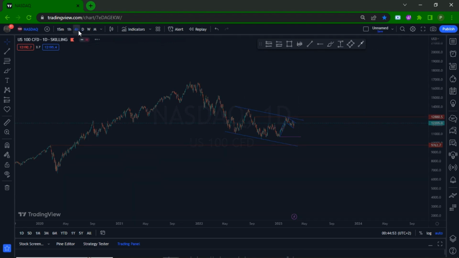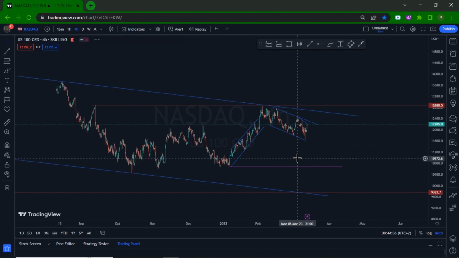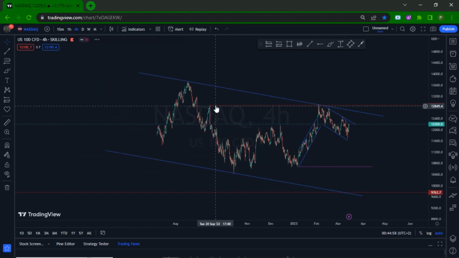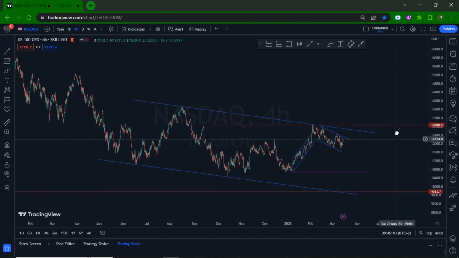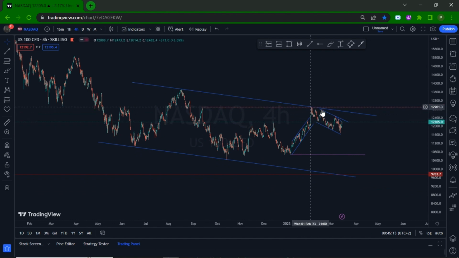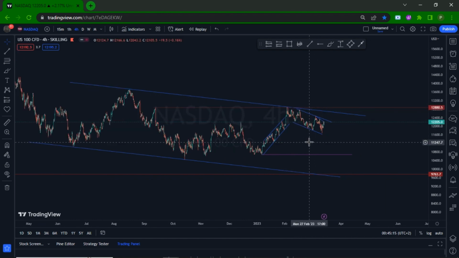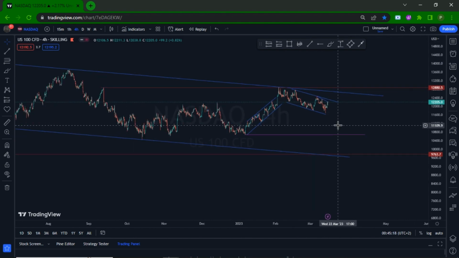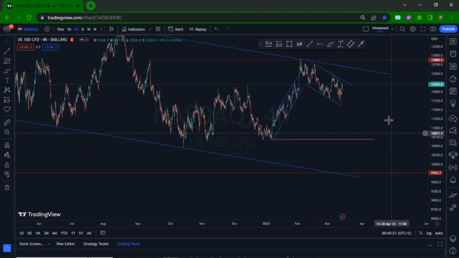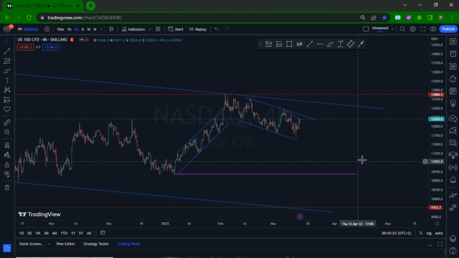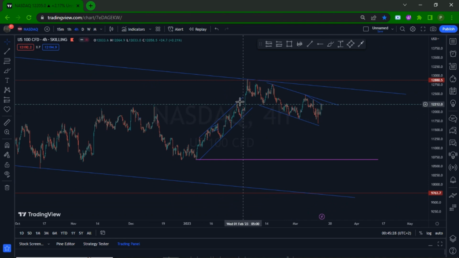Now let me go down to the 4 hour so we can see clearly what I'm talking about. All right, so yeah, we had this as a key zone. Actually, sorry, this was a key area, and this was also a key area. So we're looking at these areas, but then price came and reversed right here, and then we managed to evolve with the market and capitalize from whatever moves we got, right?